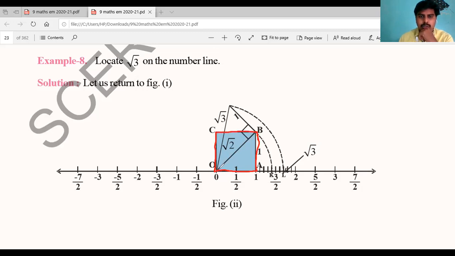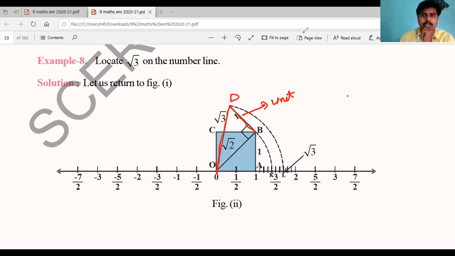Now you know this value is root 2, right? Now with the vertex of B, draw one more line which is of unit length, and join these two. This is B, consider this is D, and join this D and O.